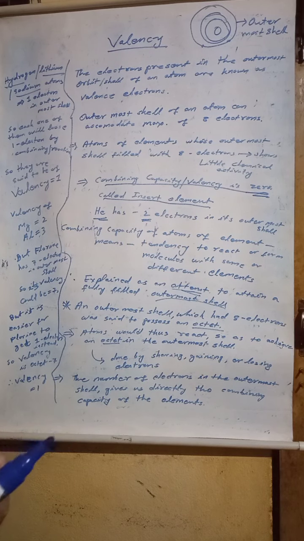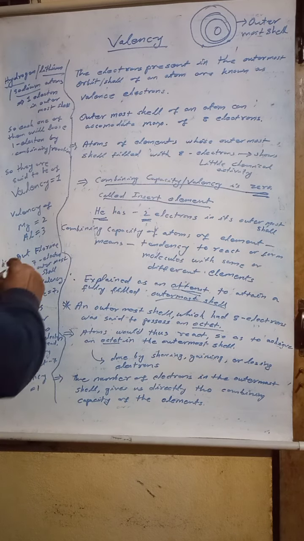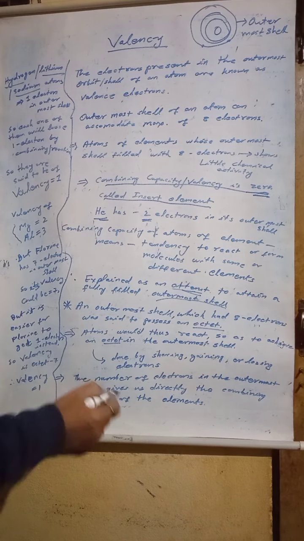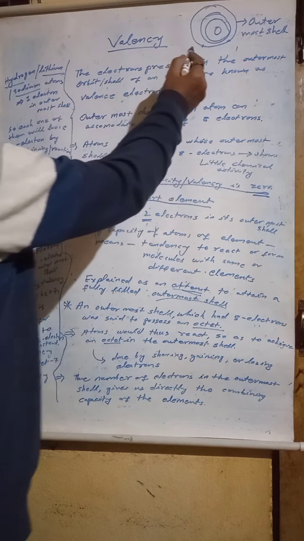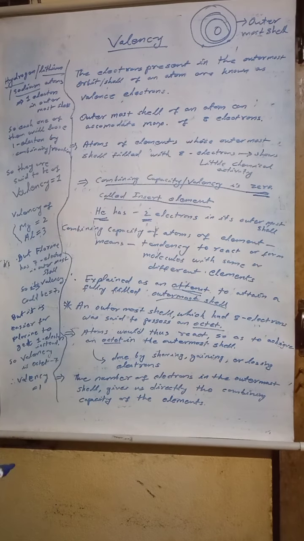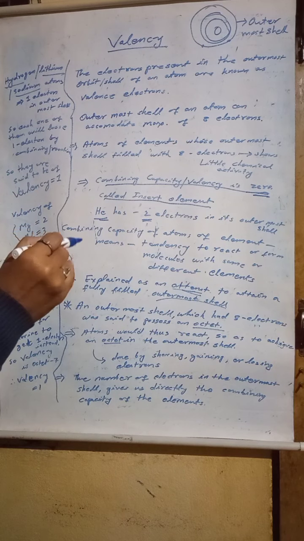The valency of magnesium is 2, the valency of aluminum is 3, and so on. I've given some examples. You can find many examples in your tables, in your books. Suppose the outermost shell has 2 electrons, or 3 electrons or 4 electrons.